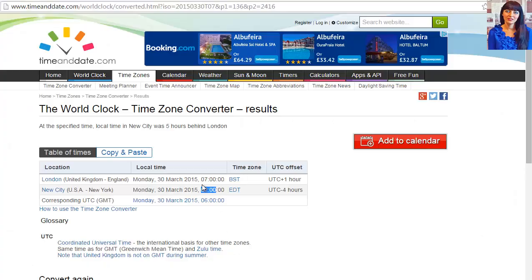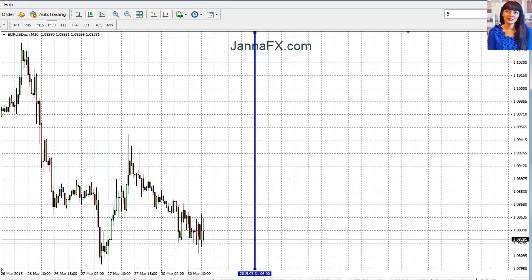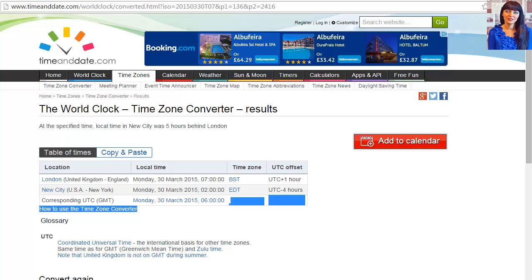So we can see again here, if it's up to 7 o'clock in the morning in London, it's 2 o'clock a.m. New York time, and it would be 6 o'clock in the morning in my terminal right here. So that's how you can find out. It's very easy, and I think now you aren't going to have a question, so you can choose any city here instead of New York City, anywhere you are in the world.